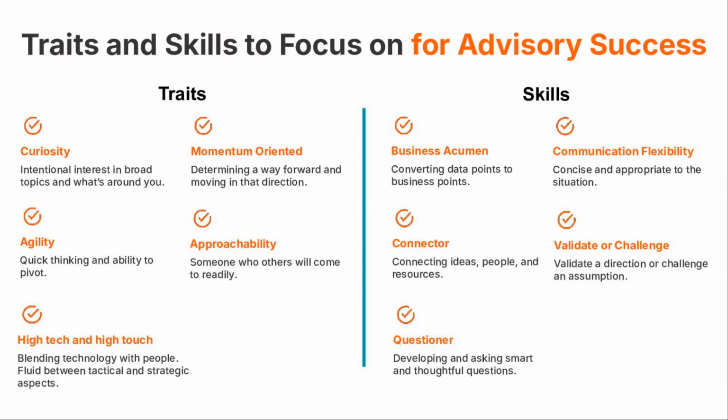A second trait to be considering is the trait of agility. This is quick thinking. This is the ability to pivot. It's highly connected to the ability to be decisive, so that when something is presented to you, that ability to think quickly through it and to make a move becomes very critical, especially in the realm of CAS.